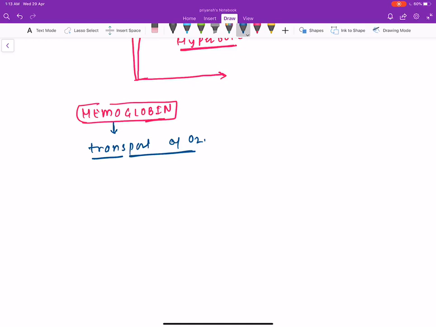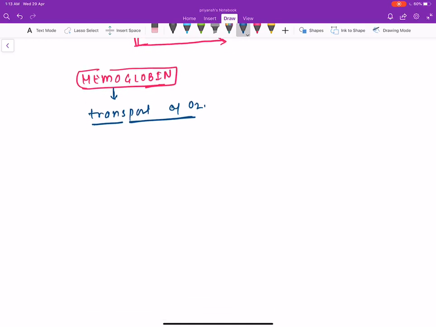Now, how does the transport occur? If I divide your body into two parts, one is your lungs, and second is the peripheral tissue. In the lung, the hemoglobin will combine with oxygen and convert into oxygenated hemoglobin.